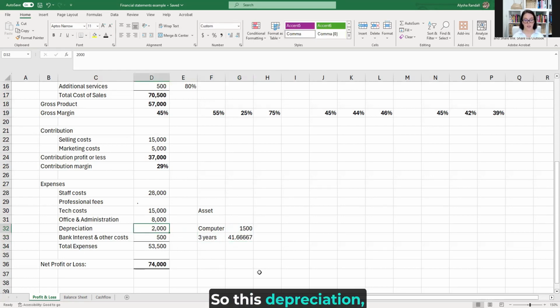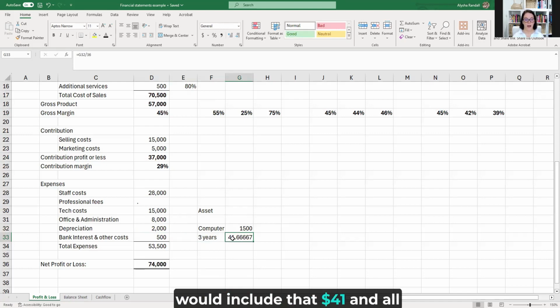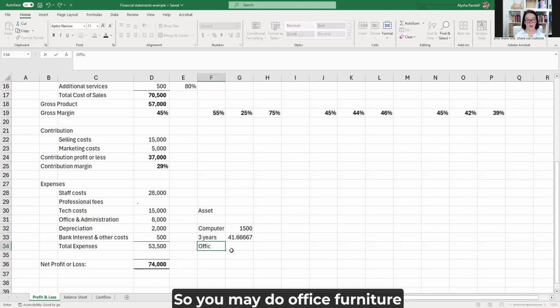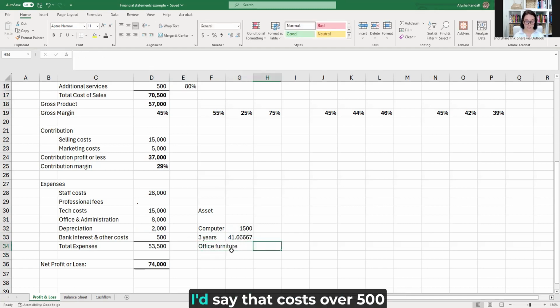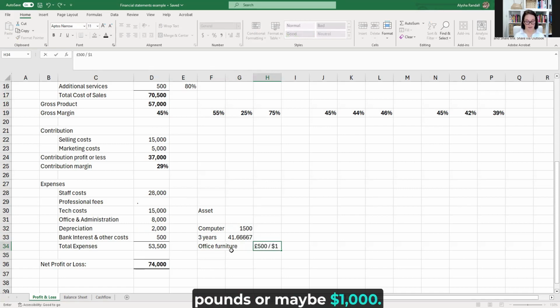So this depreciation, for example, would include that $41 and all of the other assets that are depreciating over time. So you may do office furniture, anything generally, I'd say that costs over £500 or maybe $1,000.